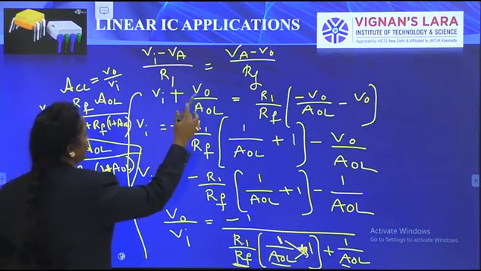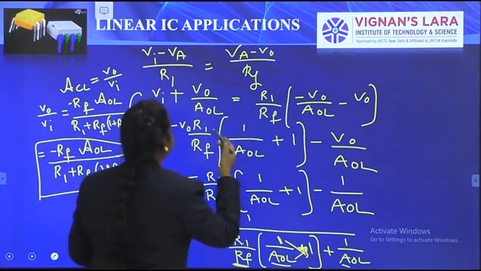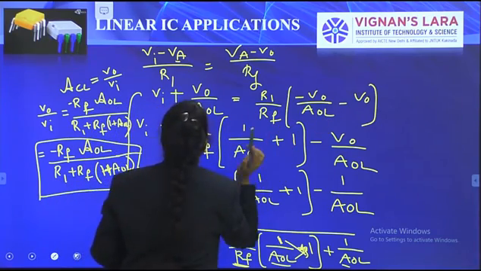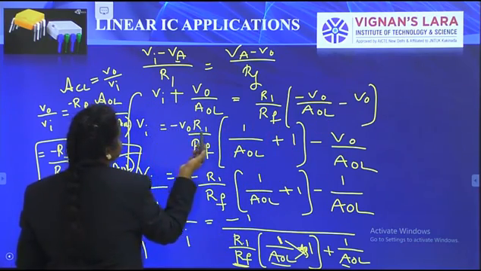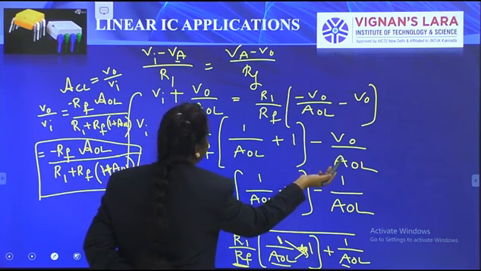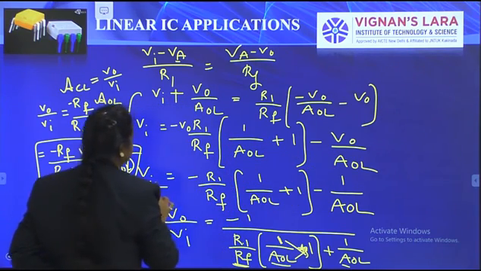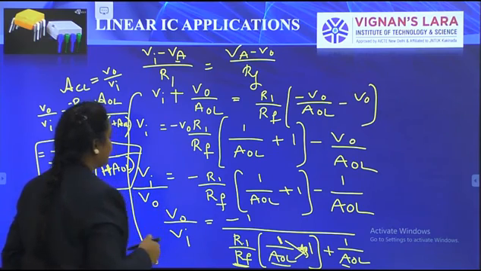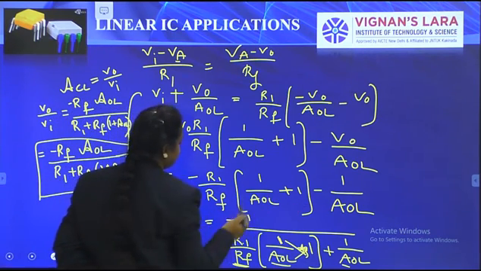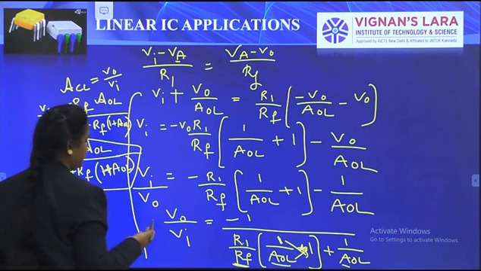Substituting V0 by AOL in place of VA, I take V0 as common and move the terms to the right side. Then I get the numerator by the denominator.